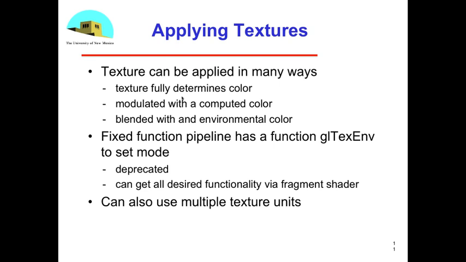More realistically, you might want to modulate it with a color that you computed, for example, by lighting, and that's a nice option. You just send all the same parameters over to your shaders and compute the color from lighting, and then combine it with the color from the texture.